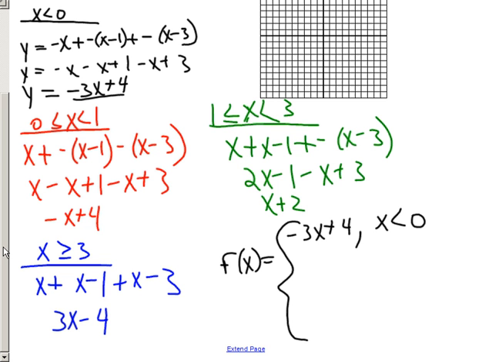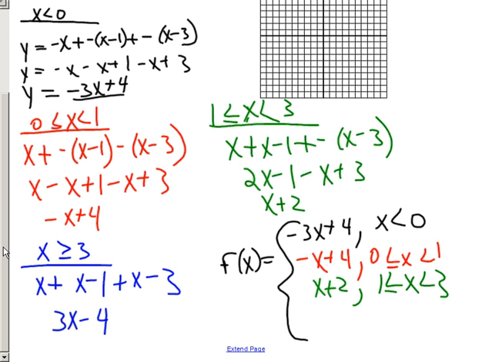For the second piece, it's in red: negative x plus 4 when x is less than 1, greater than or equal to 0. The third piece is in green, which is x plus 2 when x is less than 3, greater than or equal to 1. And the fourth piece is 3x minus 4 when x is greater than or equal to 3. Those are the 4 pieces of this graph.